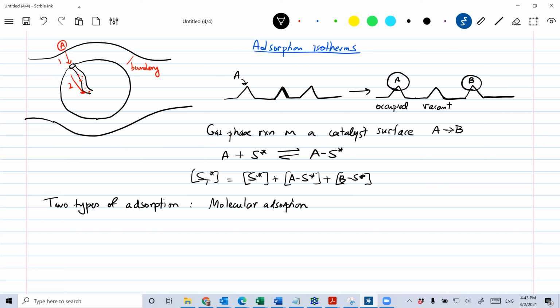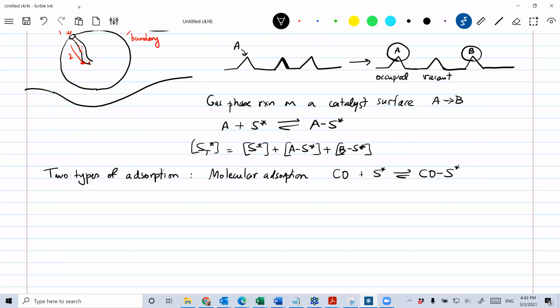What does that mean? Let's say you have carbon monoxide that adsorbs on a catalyst site, and the entire molecule of carbon monoxide binds to the site. That's molecular adsorption. Nothing happens to the molecule, it just binds. You can have dissociative adsorption.